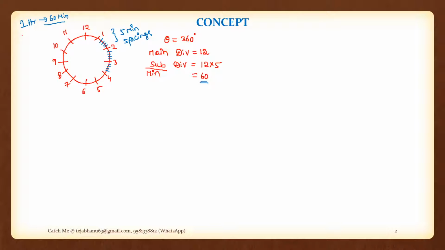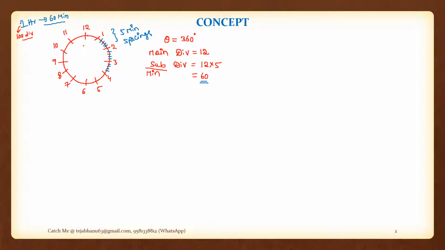If suppose there were 100 subdivisions, then for 1 hour we'd have 100 minutes. The condition might be like that.